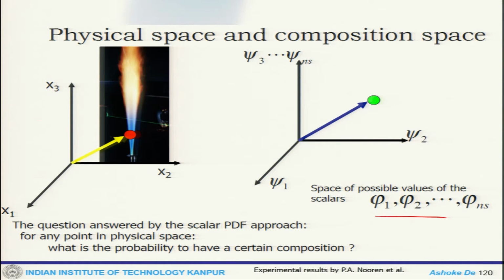Now, for this particular point, one has to find out what could be the probability to have a certain composition.